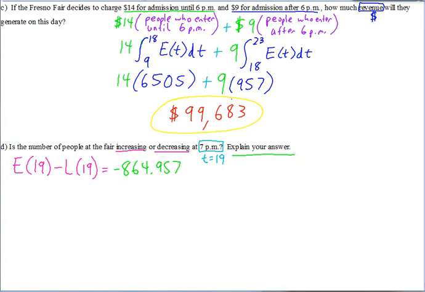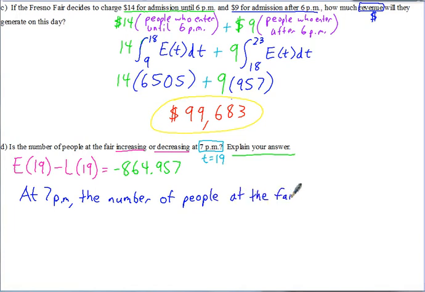So I can say, like this, at 7 p.m., the number of people at the fair is decreasing.